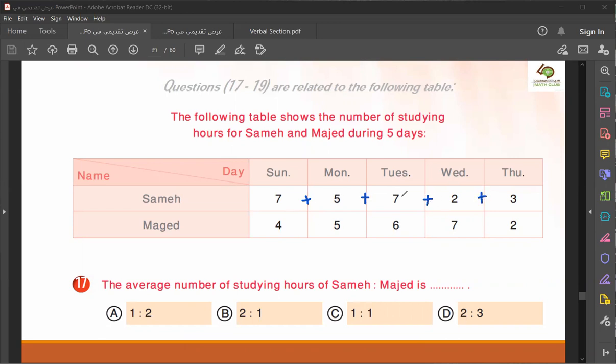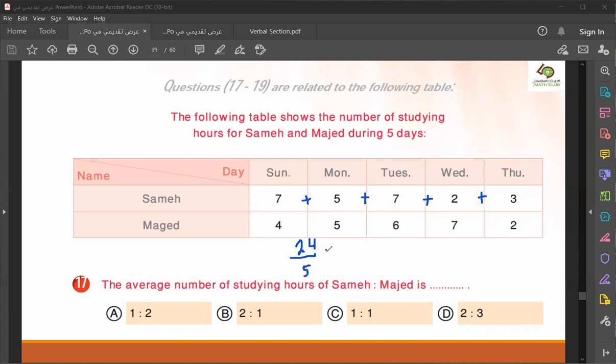7 plus 7 is 14 plus 5. What is the sum here? It is 17, divided by 4, right? When you add, divided by 4. 10 plus 14 is 24, divided by how many numbers? I have 5.